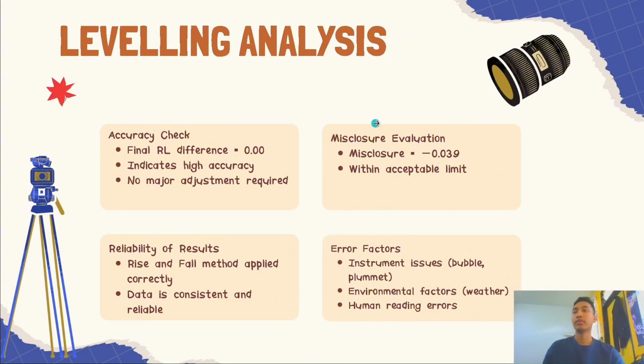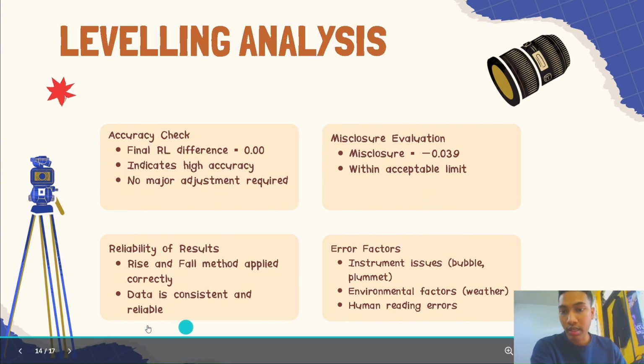Okay. So as for the leveling analysis, we want to check the accuracy. The final RL difference is 0.00, which indicates a high accuracy. So there is no major adjustment required. As for the misclosure evaluation, the negative 0.039 is still within the acceptable limit.